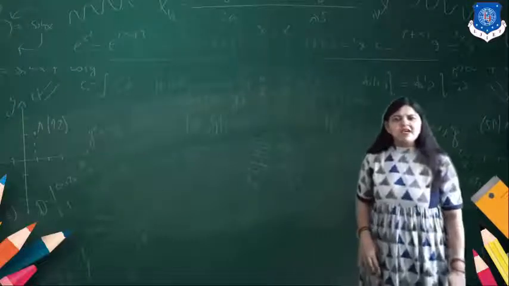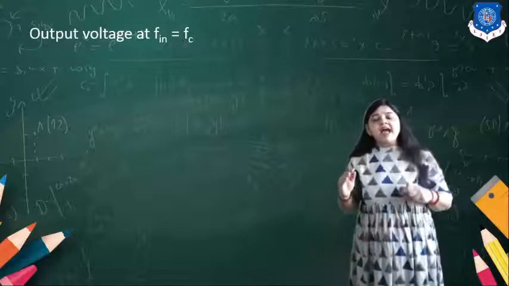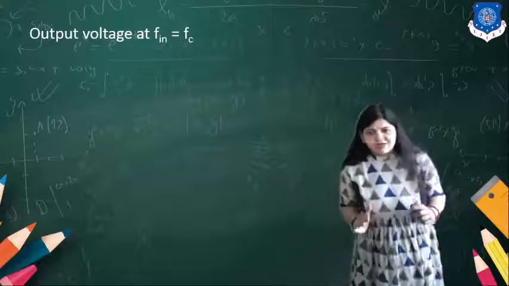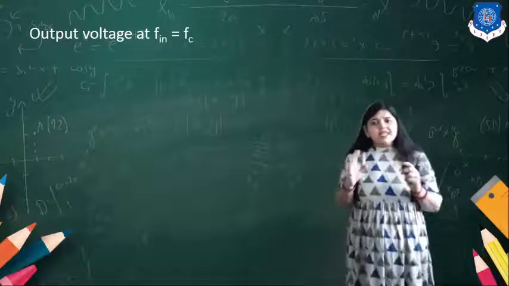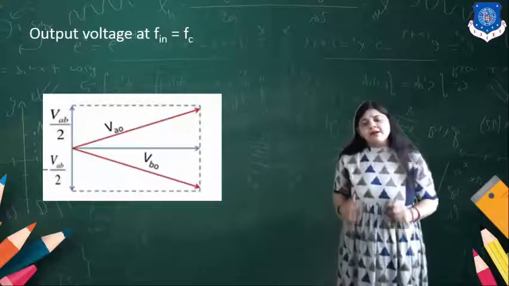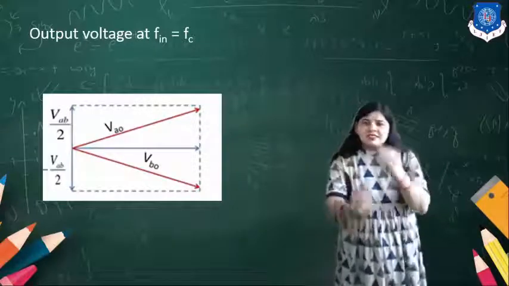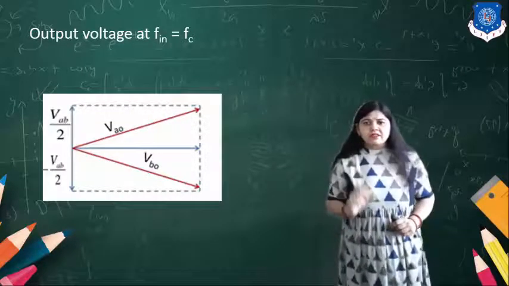So this way we have the output voltage when Fin is equal to FC, while tuned exactly at the center frequency. At that time, as I said, it is divided, and there is a 90-degree phase shift between the two voltages, the upper half and the lower half.